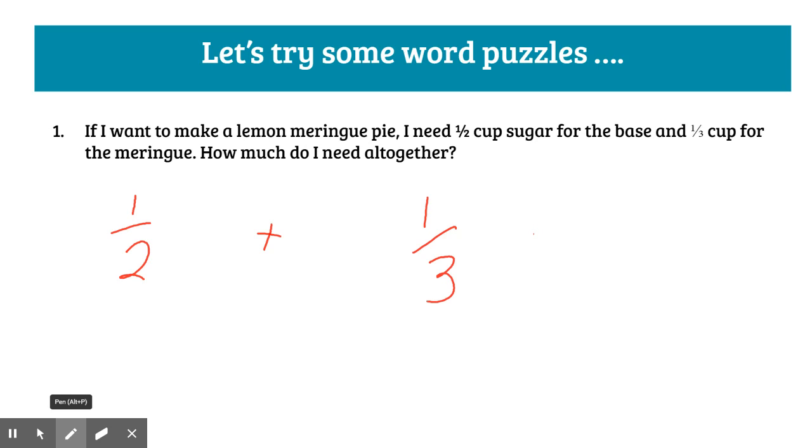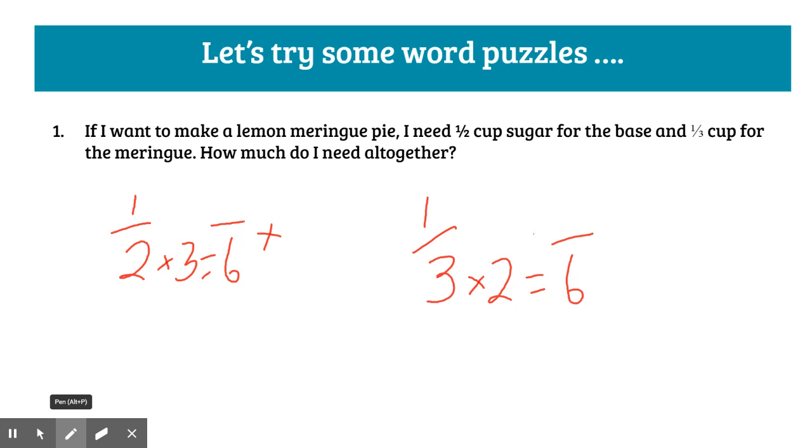So I can't double either of those, so I work out, oh, if I do 2 times 3, then that equals 6. And if I do 3 times 2, then that equals 6. Okay, so now they have the same number on the bottom. I need to make the tops do the same thing.